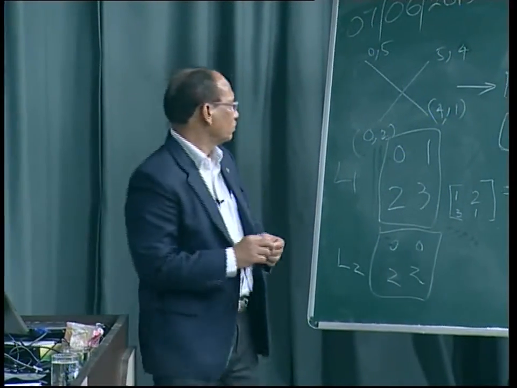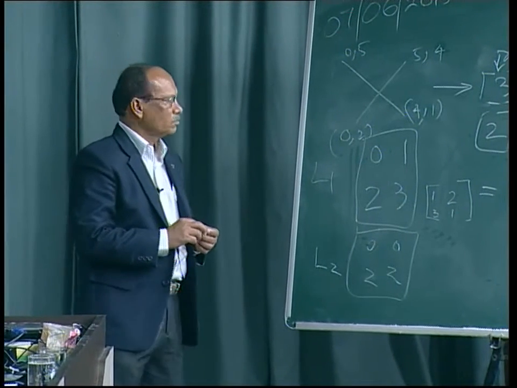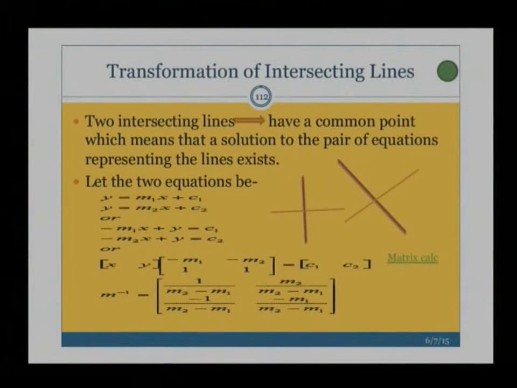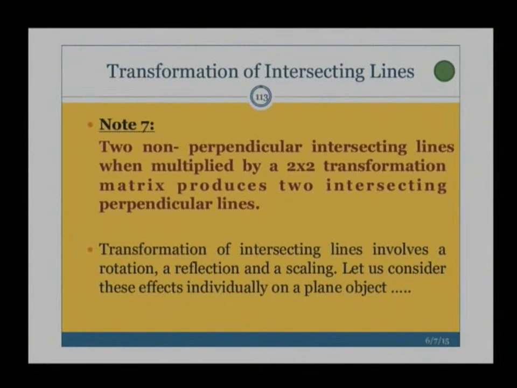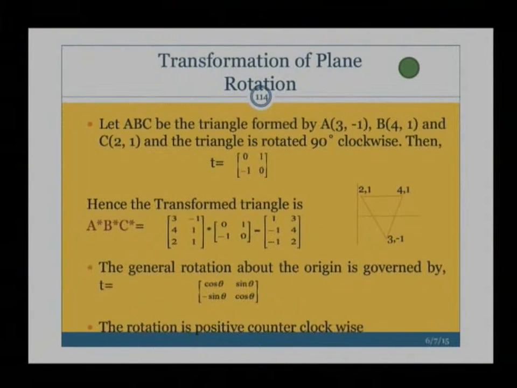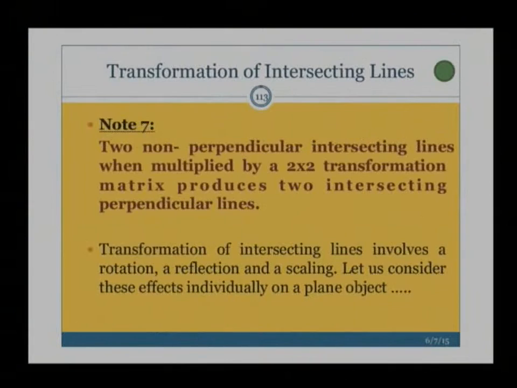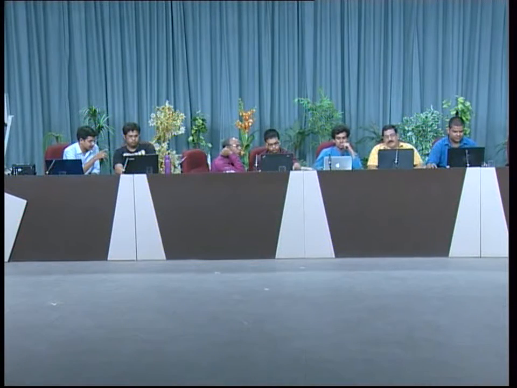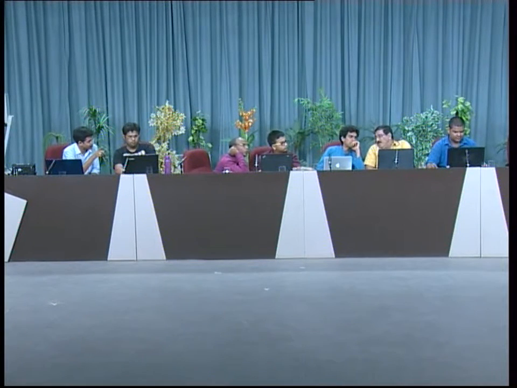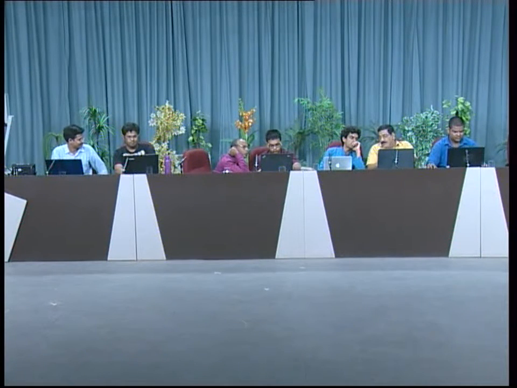This becomes its reflection. Nothing else. This is minus 1. I am reflecting over there. So these 2 are going to control my change over the axes.